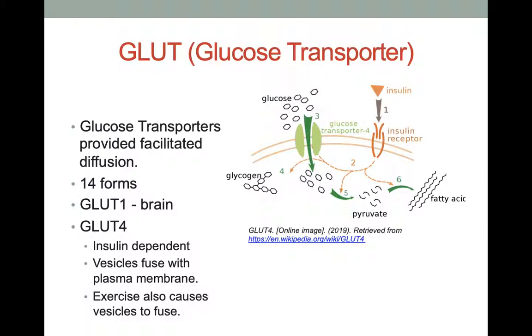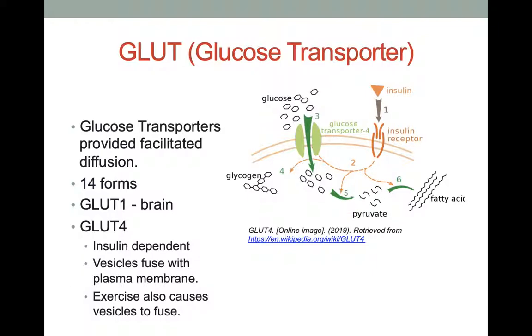On these cells, as insulin connects to its insulin receptor, a signal is sent for a vesicle with a GLUT4 transporter in it to move to the plasma membrane. As the vesicle fuses with that, it inserts that transporter into the plasma membrane, and then it allows the transport of glucose to occur.